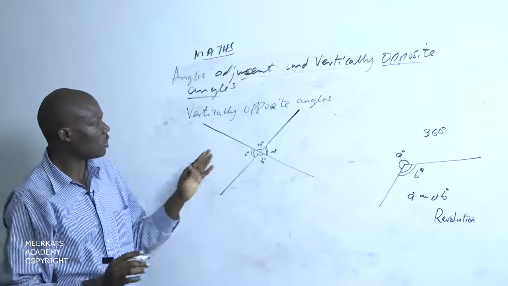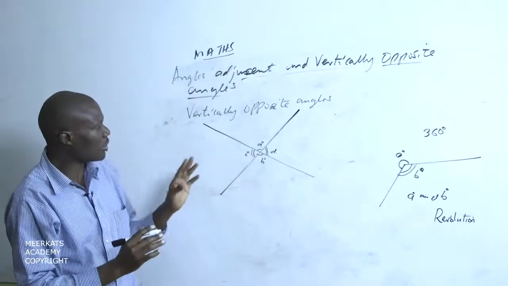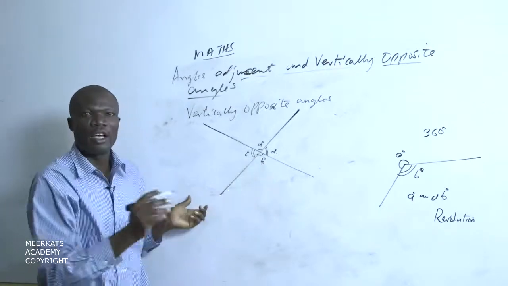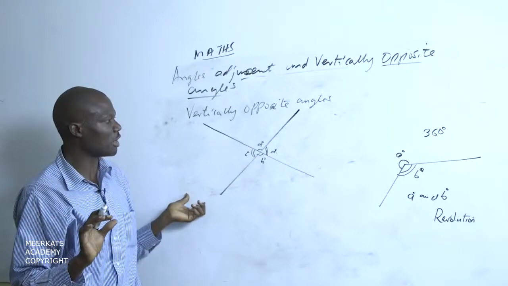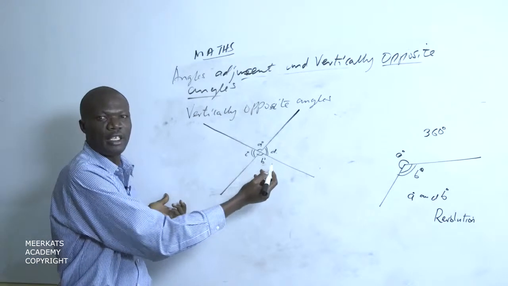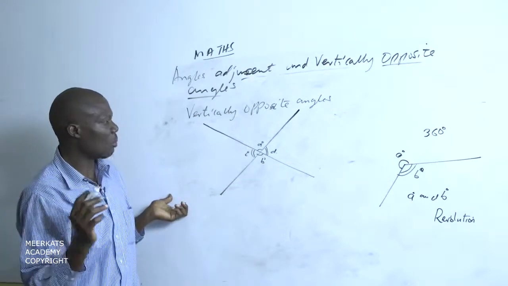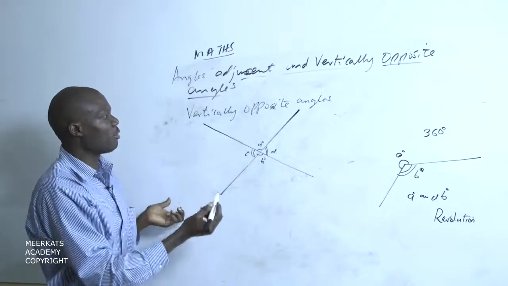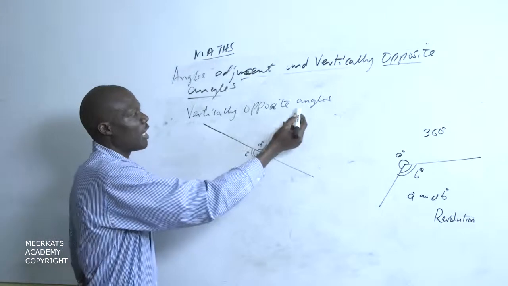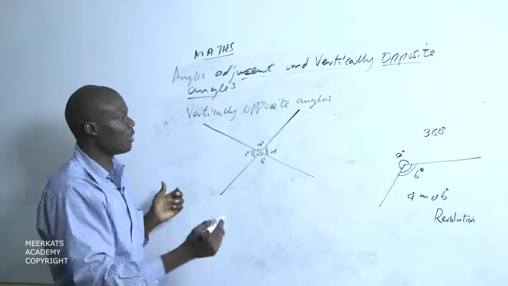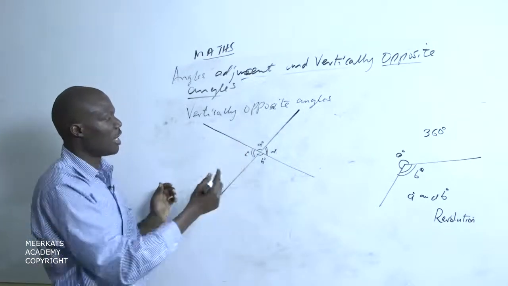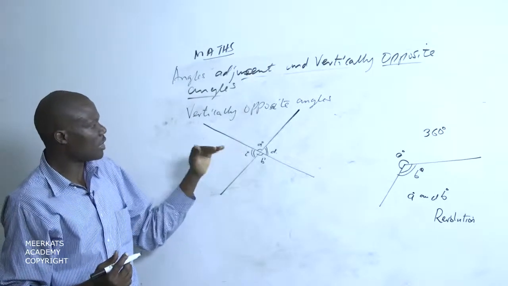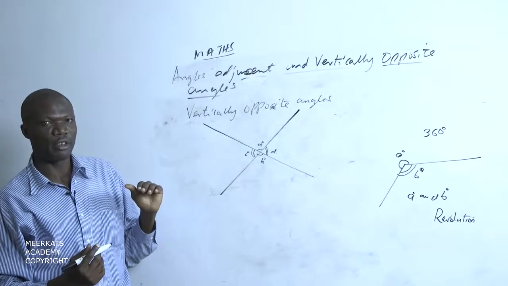Vertically opposite angles. We should be able to identify which angles are vertically opposite. In this case, A and B are vertically opposite, and C and D are vertically opposite. So it implies that A and B are equal. Therefore, vertically opposite angles are always equal. Identify which other angles here are equal.